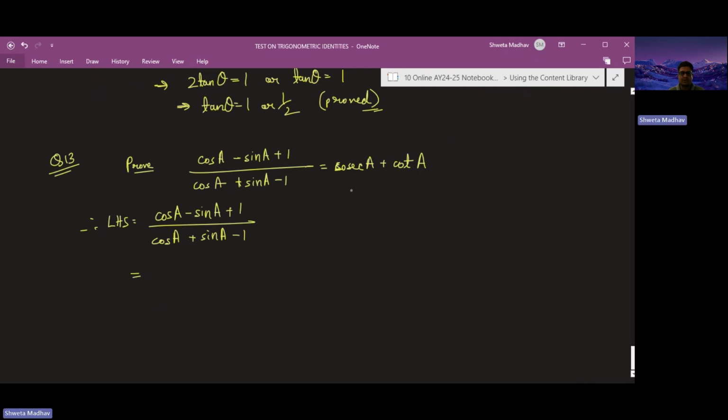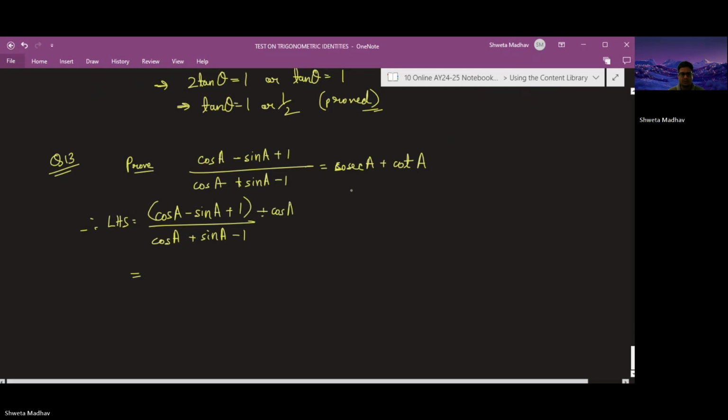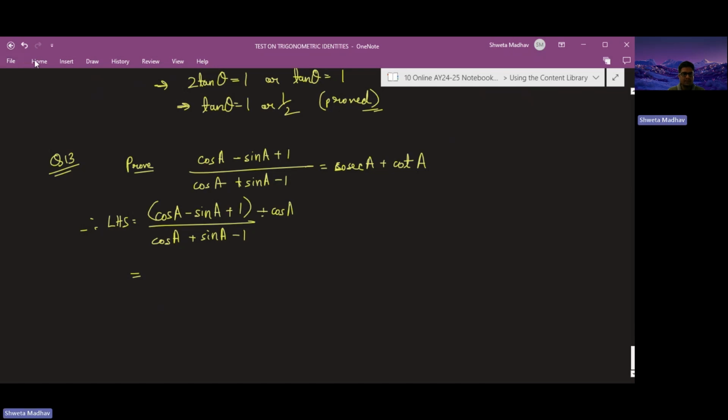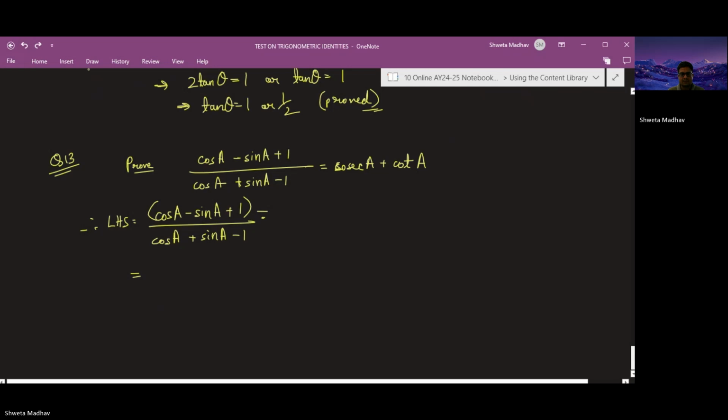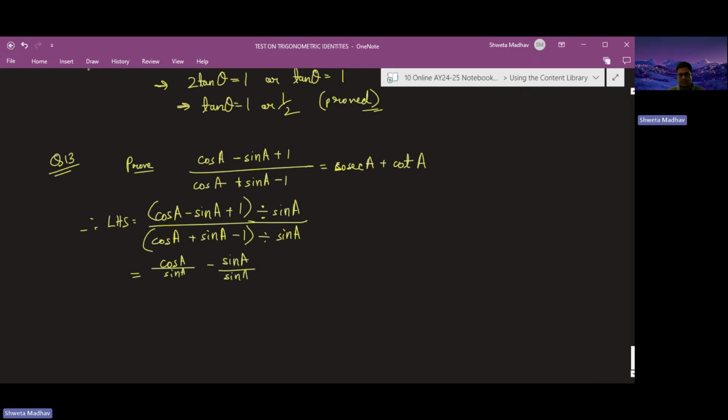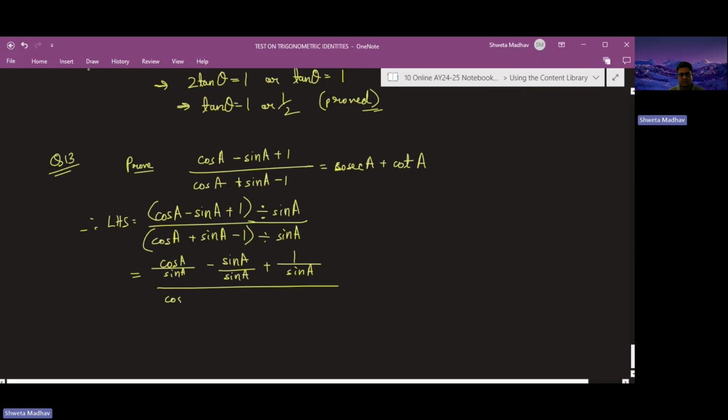Now what we can do, we can divide the numerator and the denominator by sin A. So then we will have cos A by sin A minus sin A by sin A plus 1 by sin A, divided by cos A by sin A plus sin A by sin A minus 1 by sin A.